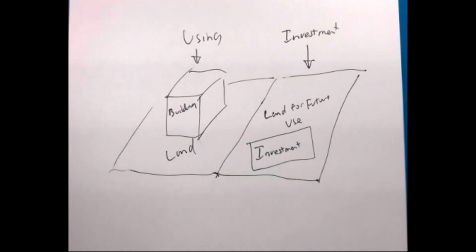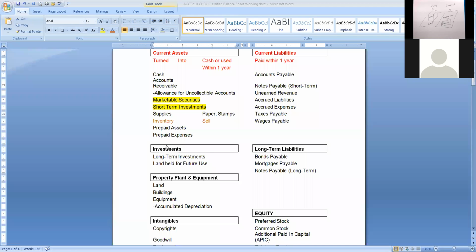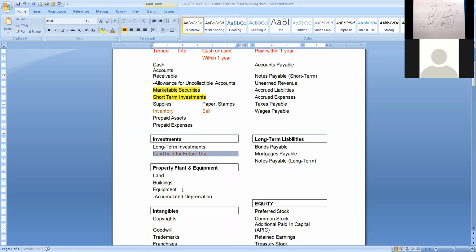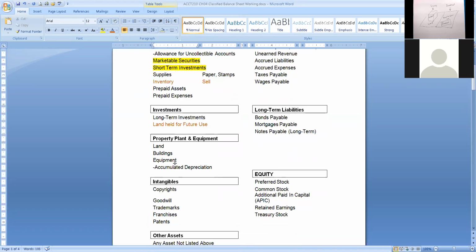Okay, so yeah, that's why we have this one, land held for future use. Okay, property, plant, and equipment is just kind of what it says it is. It's property, plant, and equipment. It's all those things that are properties, land. Plant is usually factories or buildings, and equipment is equipment.